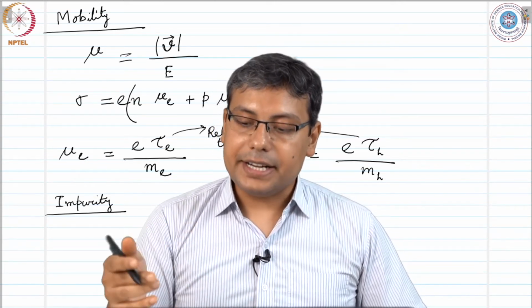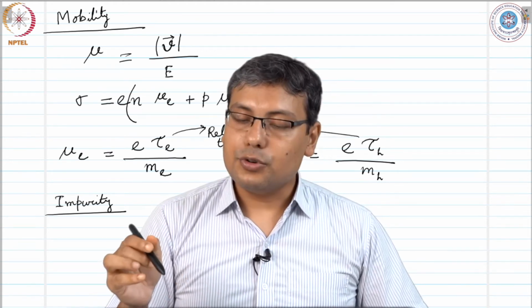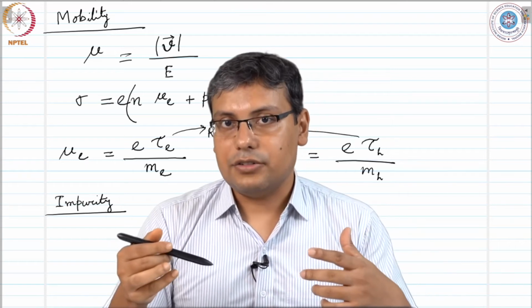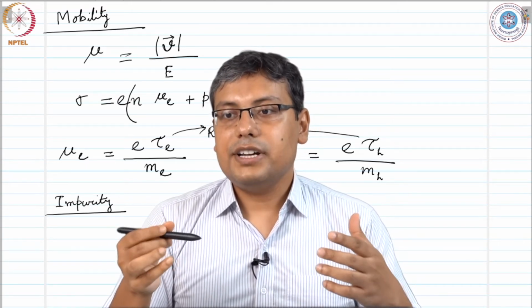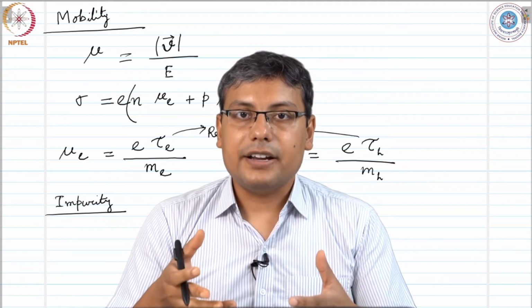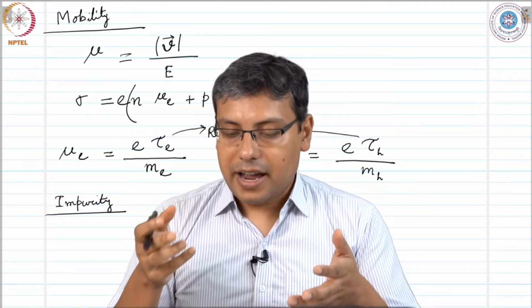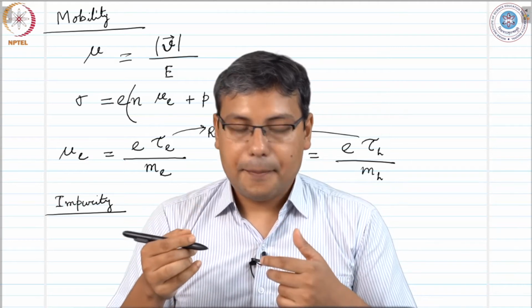So, it dopes N type. In contrast, if we replace this silicon with a boron, then what happens? Boron has 3 electrons at the outermost shell, therefore it adds a hole to the system. So, the nature of the doped carrier becomes hole-like, p type, and it is an acceptor.